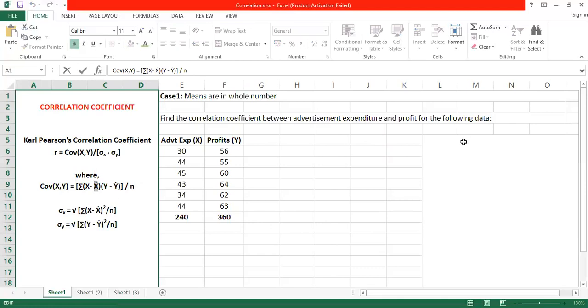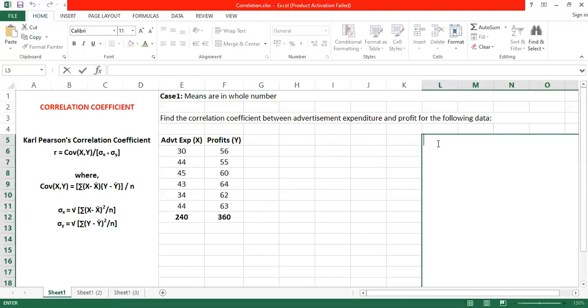So I'm calculating x bar equals total of x, which is 240. So it is 240 divided by how many observations do we have? 1, 2, 3, 4, 5, 6. So it is 6. So 240 by 6, that means the mean of x is 40, right?